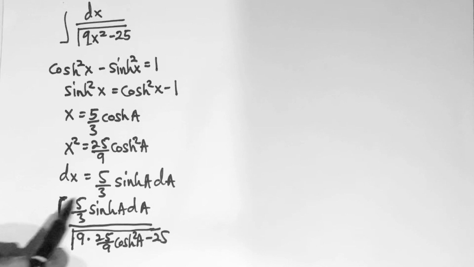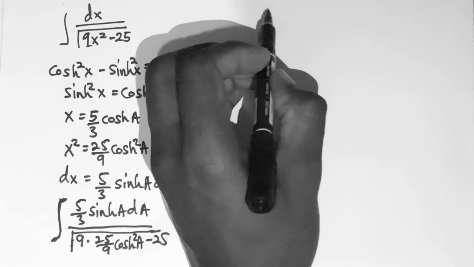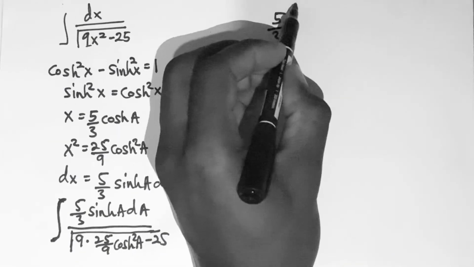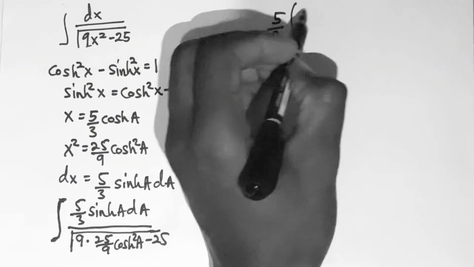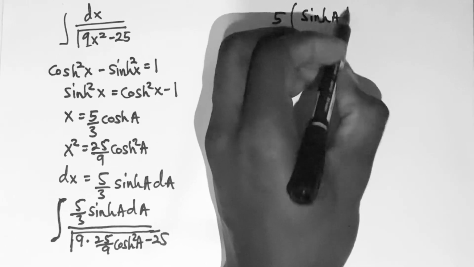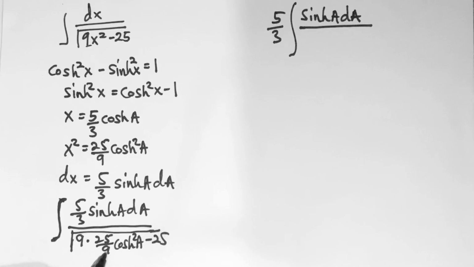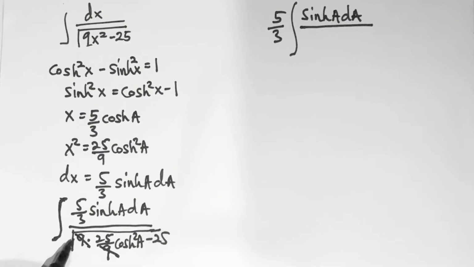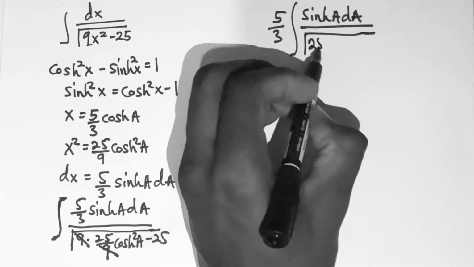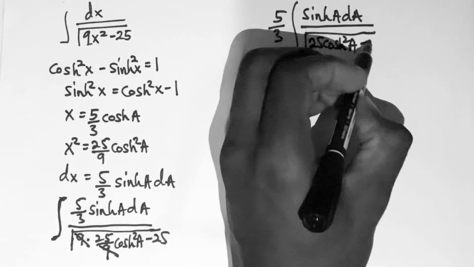Now I want to pull out 5 over 3 because it is a constant. So if I pull out 5 over 3, we'll be left with 5 over 3, then the integral of sinh A dA, then divided by, now this 9 and this 9 will cancel out, so we'll be left with the square root of 25 cosh squared A minus 25.